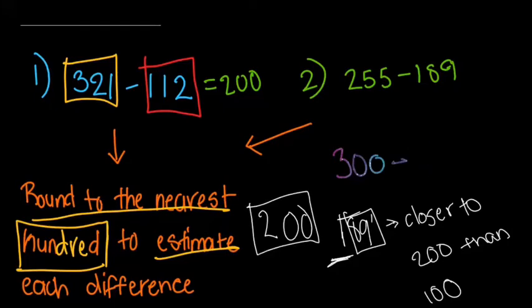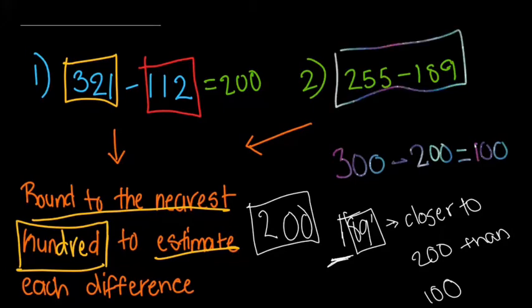So now our question would be 300 minus 200. 300 minus 200 is equal to 100. So when estimated, the estimate of 255 minus 189 is 100.